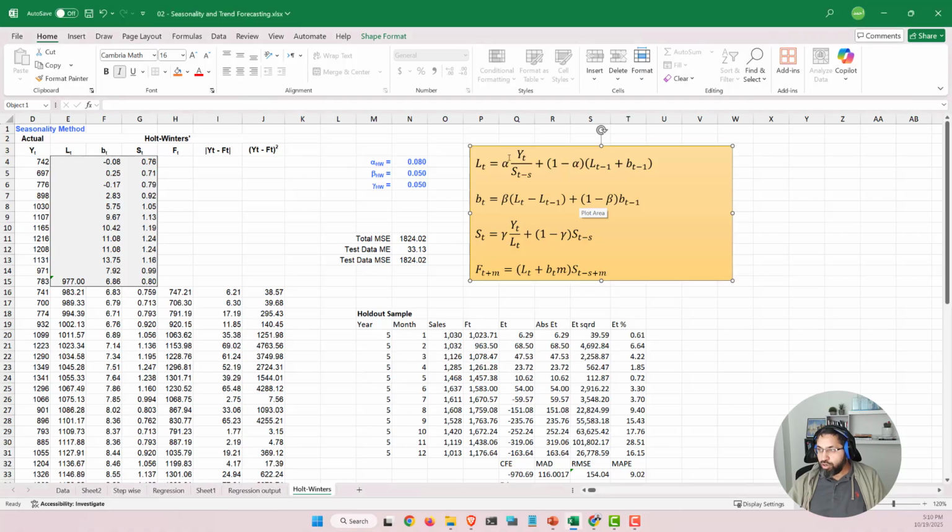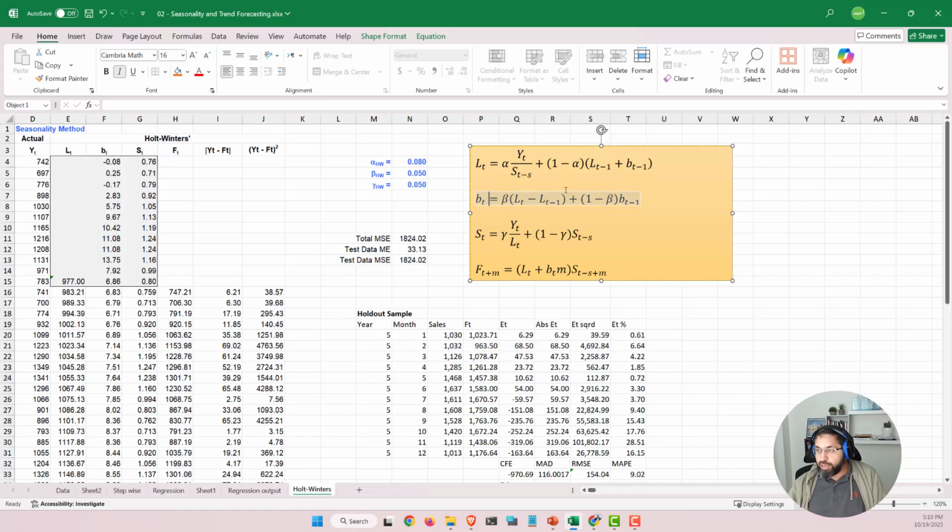Okay, so these are the equations. The level component takes the previous value of y and deseasonalizes it by dividing it by the most recent seasonal index for that month. Then it takes 1 minus alpha times the level and the trend combined from the last time period, adds the new time period's deseasonalized sales, and combines the two with alpha and 1 minus alpha.